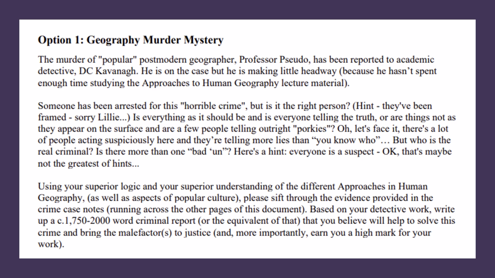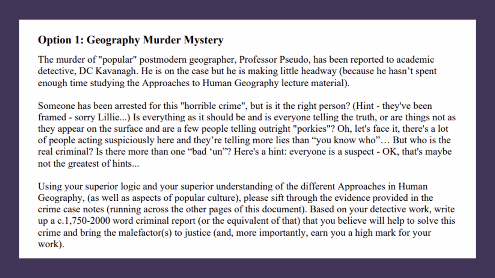It could work well as a one-act play where you're the detective who's just replaced the inept DC Kavanagh, and you're coming in to announce, almost like Agatha Christie, what you think happened to all the different suspects. You could do it as a newspaper article.